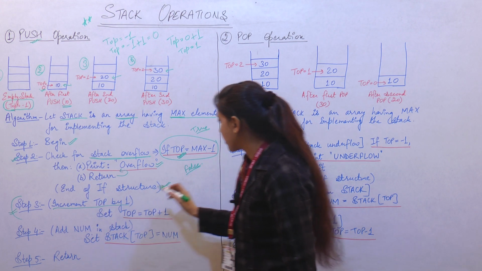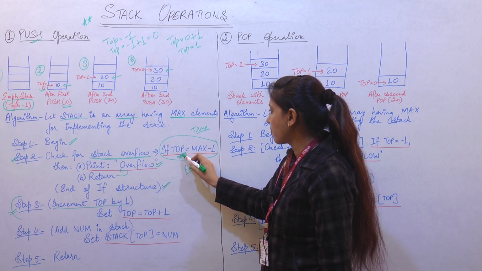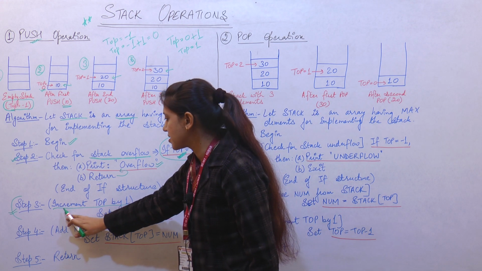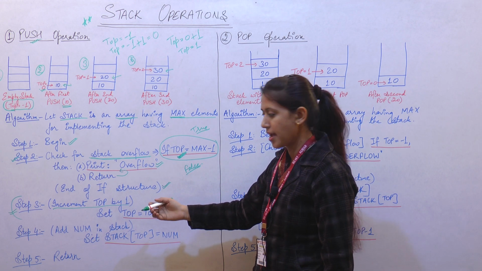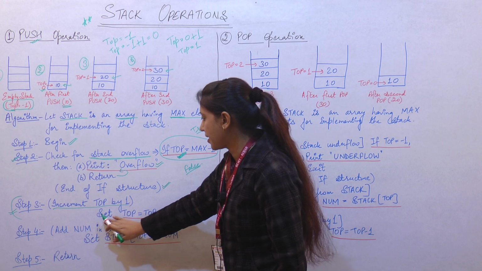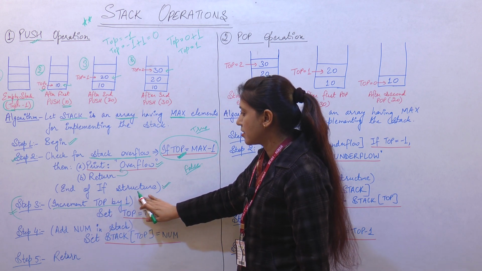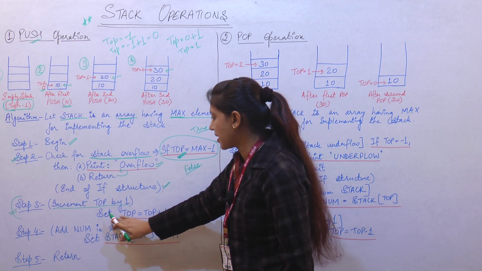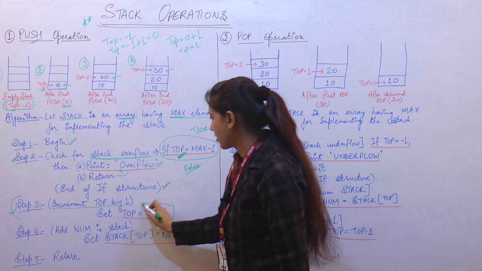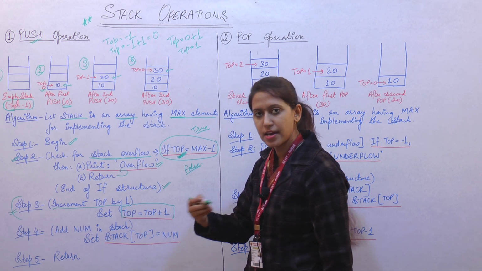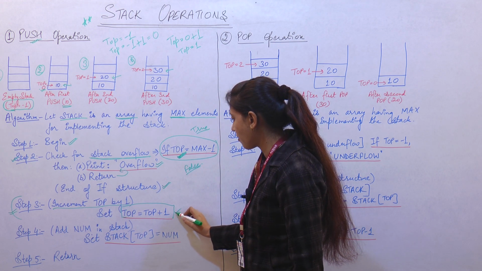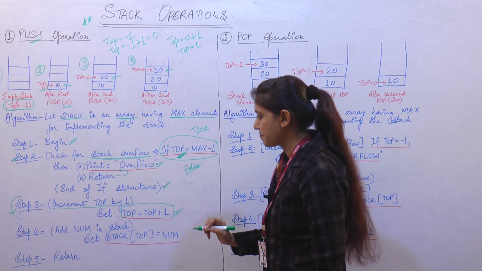So after the stack overflow condition gets false, we will insert the new element in the stack and increment the value of top by 1, by setting top equals top plus 1. In this way, whenever we are inserting a new element, the value of top will always increment by 1.